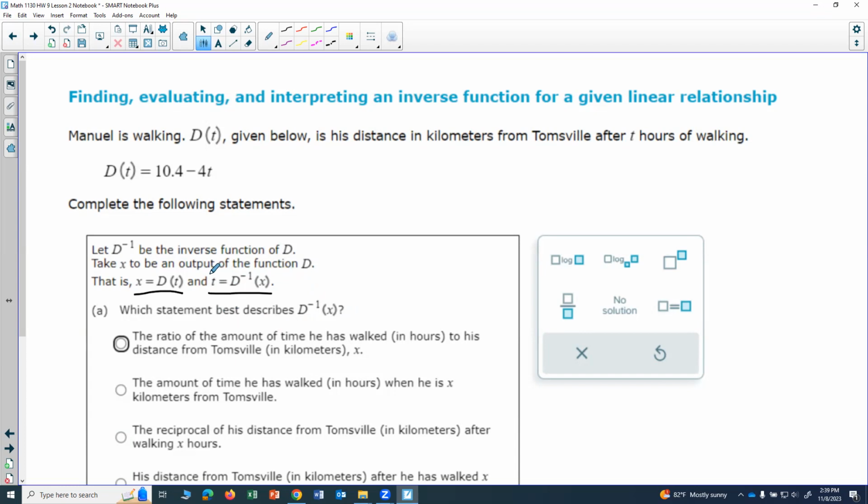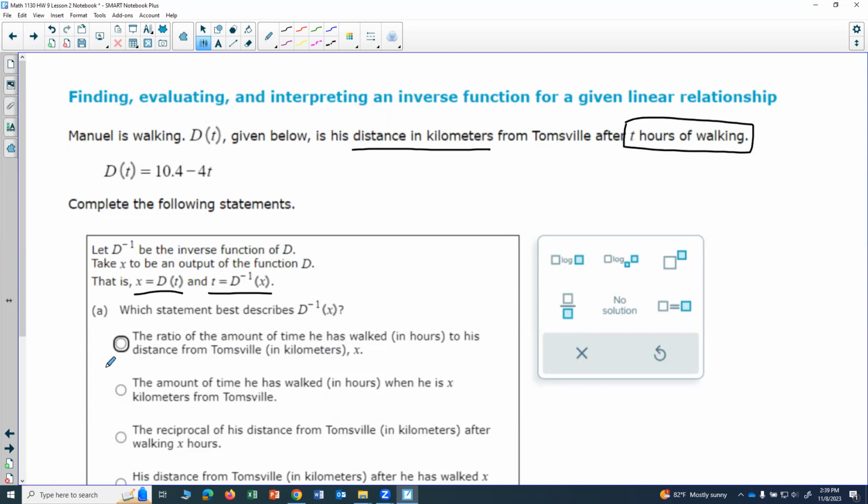Now, we know that d inverse of x equals t. We're actually told that right here. And so t is the hours that he has walked. So really, I'm just looking for the option that says the hours that he has walked when he's a distance of x kilometers from Tomsville.